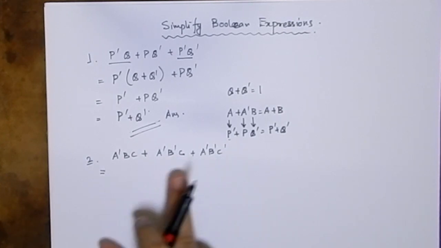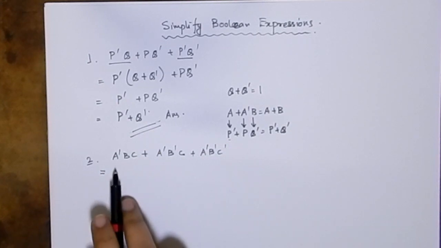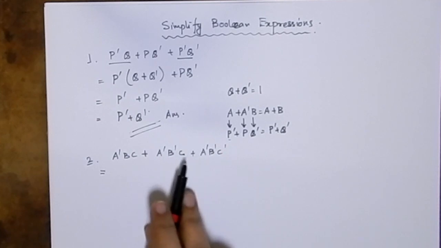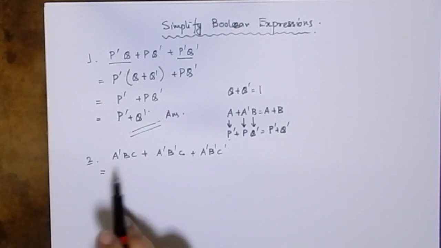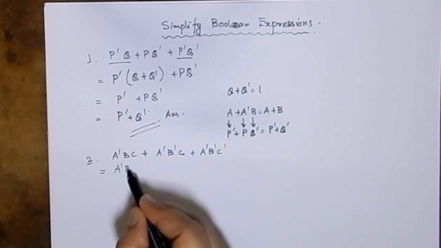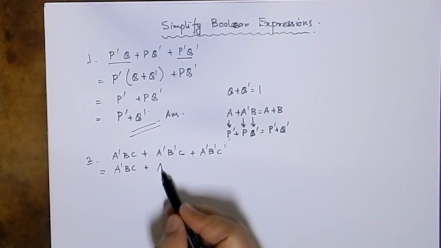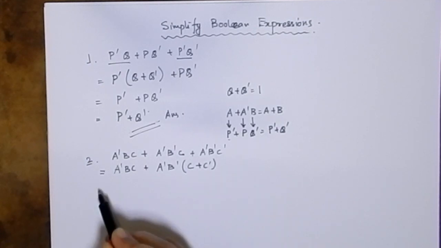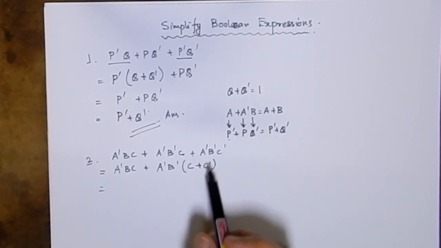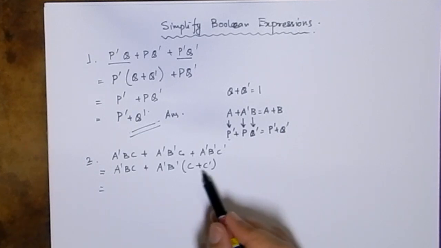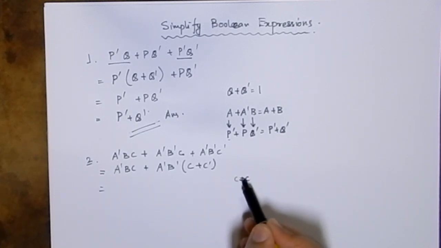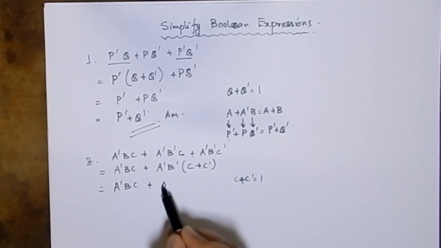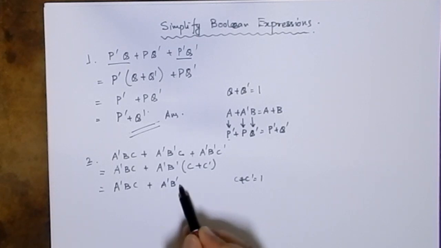So I can see from these two terms, I can take A dashed B dashed common. I will keep the first unchanged for a while, and I am left with C plus C dashed. Putting C plus C dashed equal to 1, I get A dashed BC plus A dashed B dashed, and this is 1.